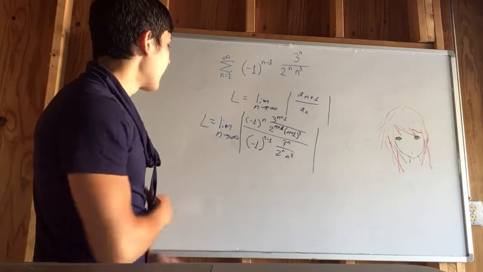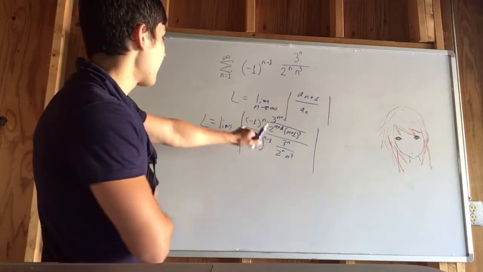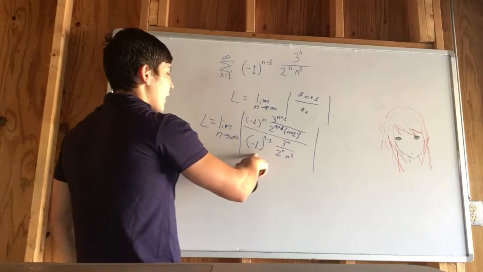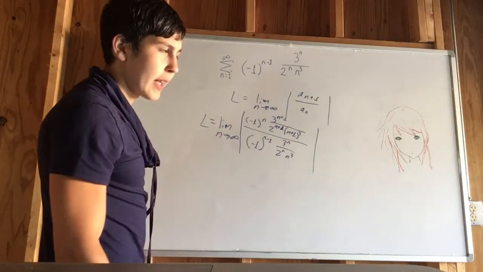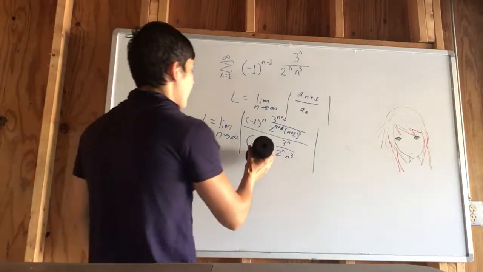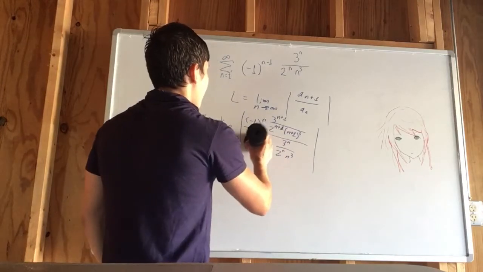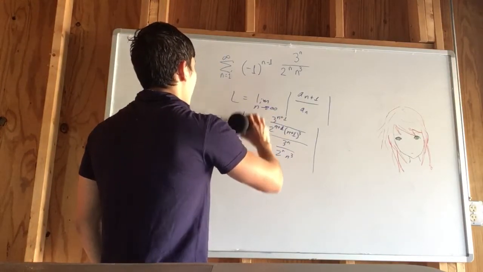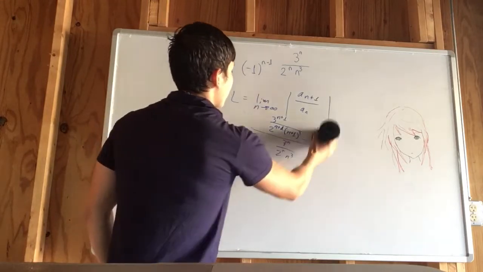Now we can cancel out these because we're absolute valuing it. So the only thing that this could ever be is negative 1 or 1, but the negative 1 is ignorable. So now we could just have 1, since we have absolute valued all the instances of negative 1.